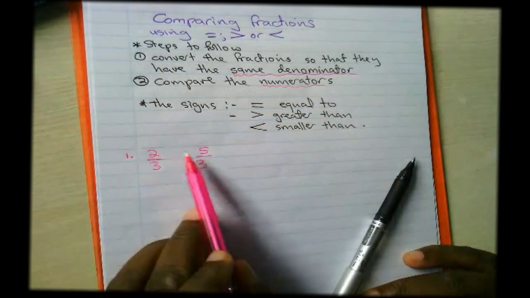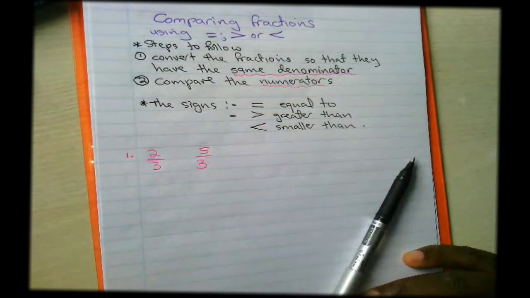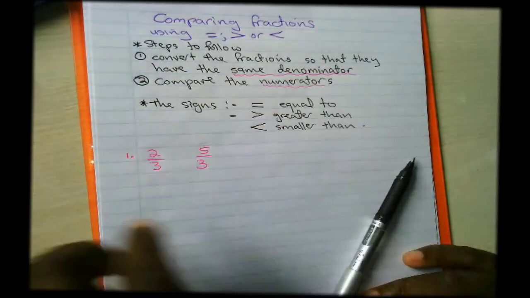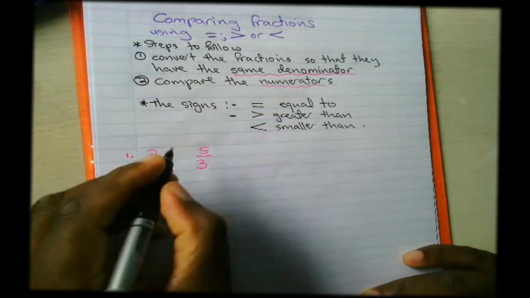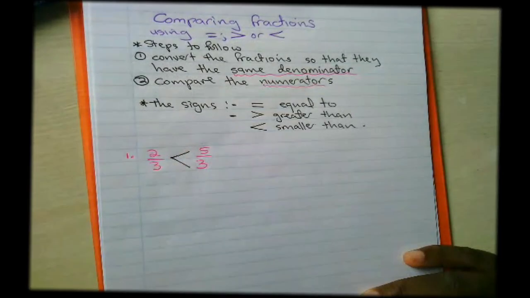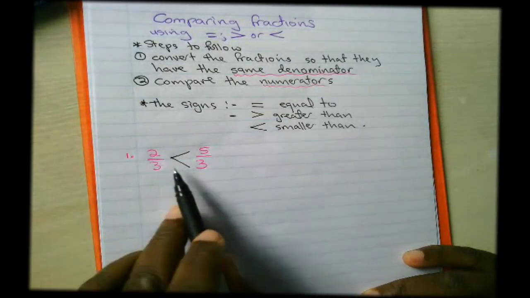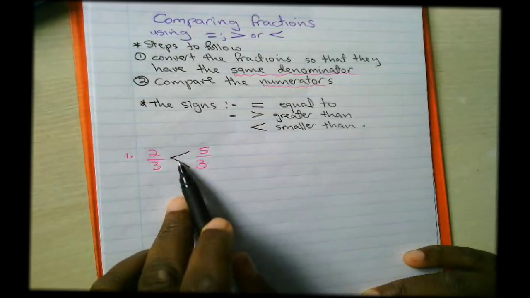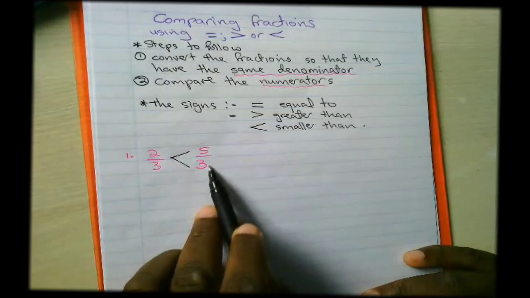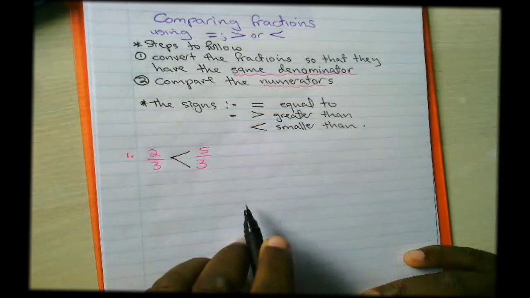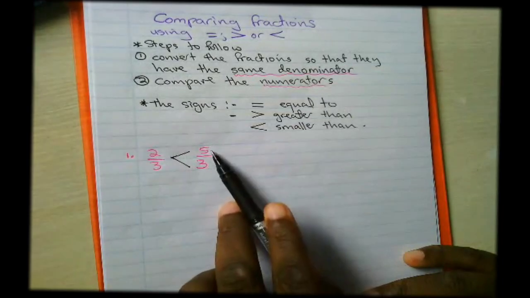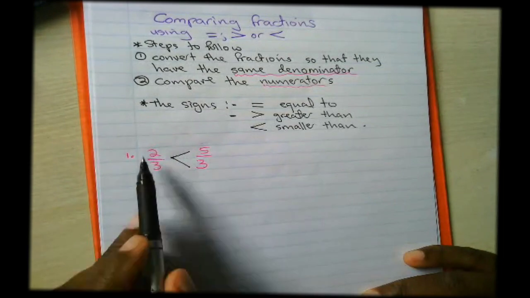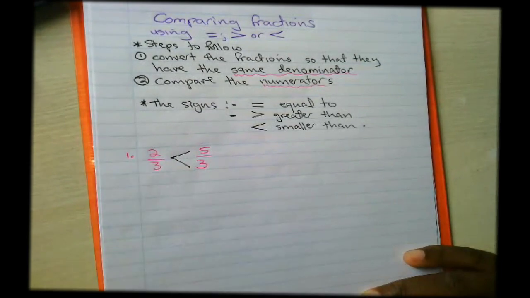Now we have 2, we have 5. Which one is bigger, 2 or 5? It is 5 which is bigger. So the sign that we have to put here is this sign. That is, 2 over 3 is less than 5 over 3. Or in other words, 5 over 3 is bigger than 2 over 3.